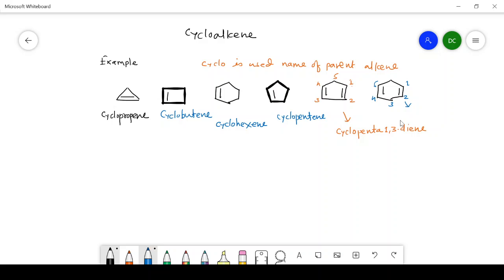In this case, the name will be cyclohexa-1,4-diene. In this way, we can name the different cycloalkenes depending upon the number of carbon atoms present in their structures. So the cycloalkene possesses one or more double bonds in its structure.